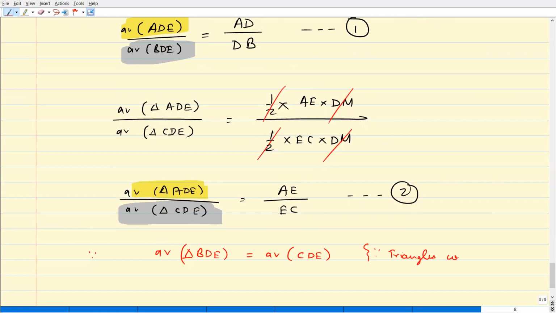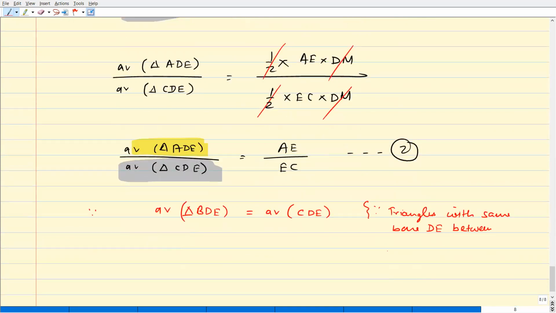They are triangles with same base DE between parallel lines.